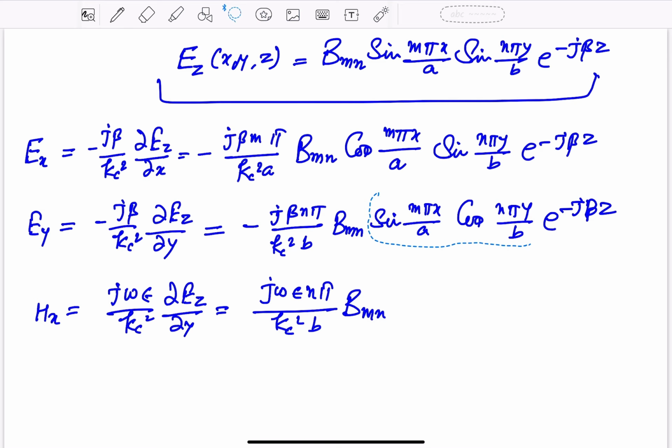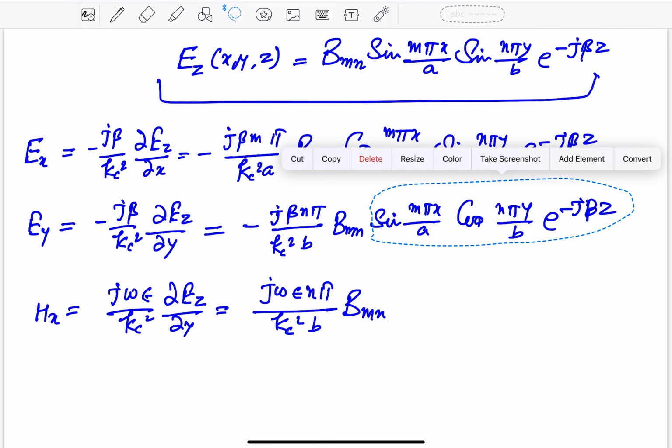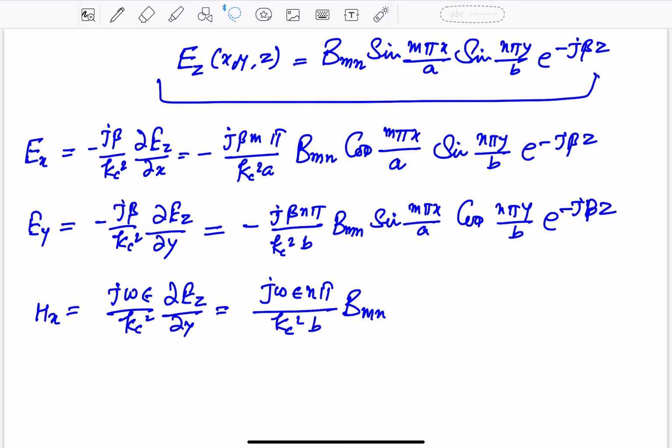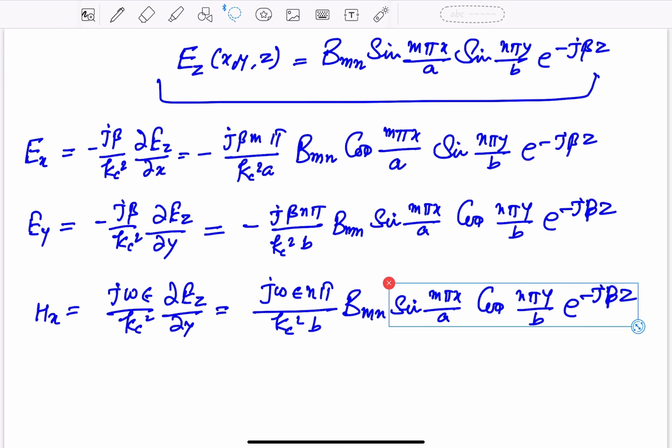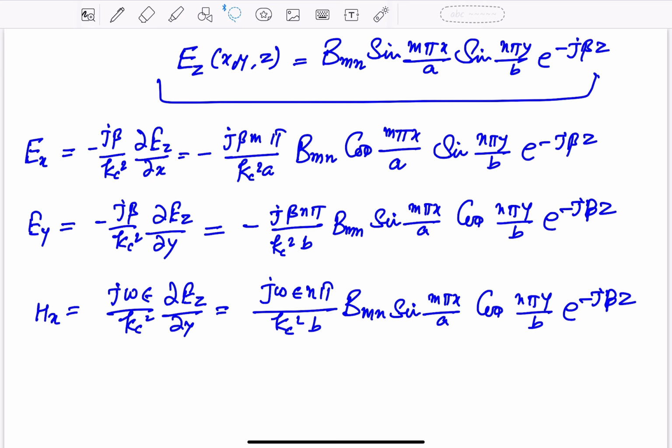It is somewhat tiring, so I can copy this thing. Okay, so this is the Hx component.